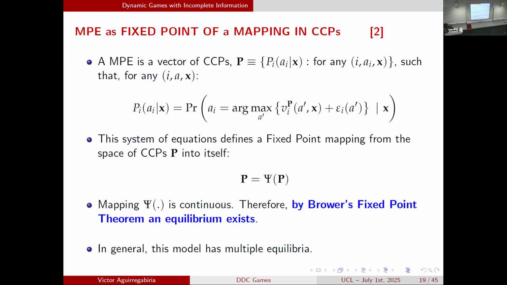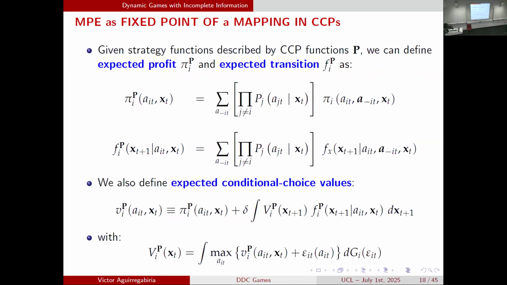In this context, a Markov perfect equilibrium can be described not only in terms of the strategies alpha, but we can define a Markov perfect equilibrium in terms of a vector of choice probabilities. Given this conditional choice value function, what is my expected profit today and in the future if I choose this action today, taking as given the choice probabilities of my opponents?